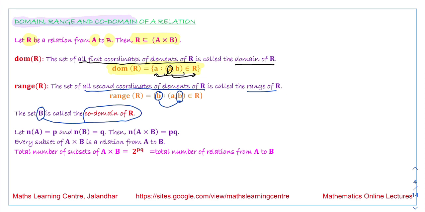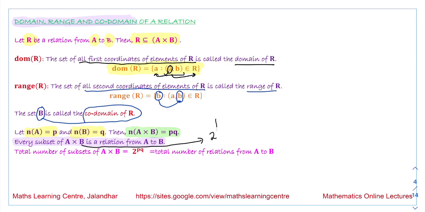Now if the number of elements in A is equal to P and the number of elements in B is equal to Q, then we know that the number of elements in A cross B is equal to P into Q. And we know that every subset of A cross B is a relation from A to B. How many subsets can there be of this set A cross B?